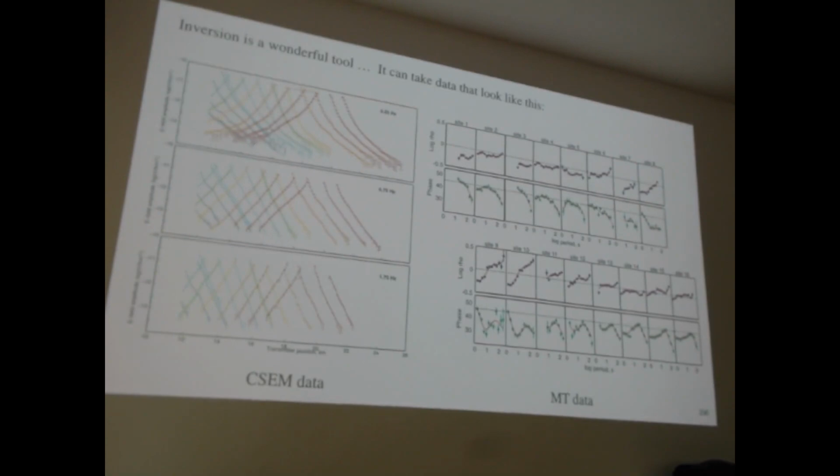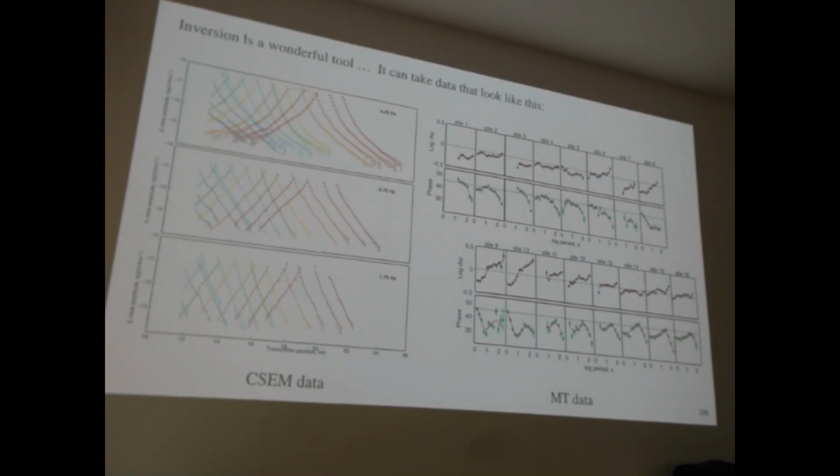But if this is your data, can you see a salt dome in there? There's a salt dome in there. Big body of salt, big resistive wall. But we need inversion to take stuff that looks like this.